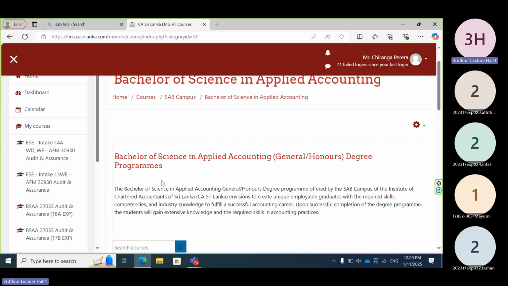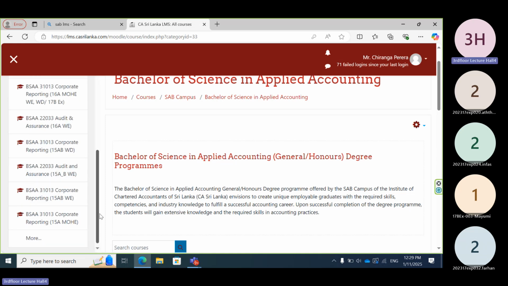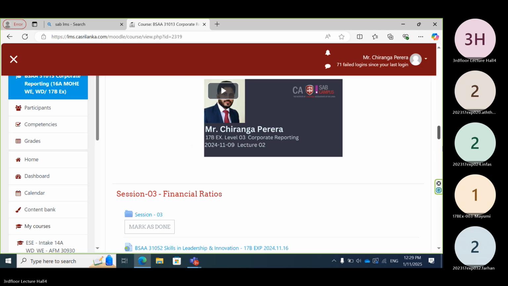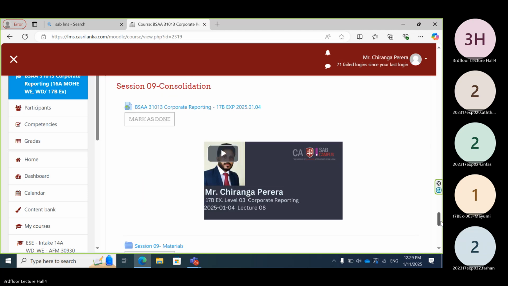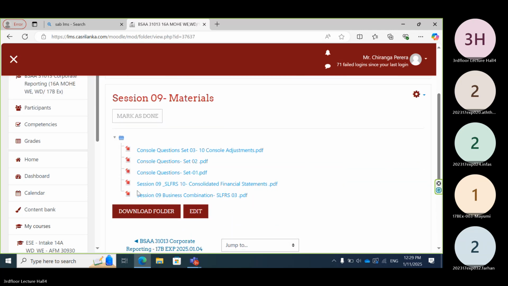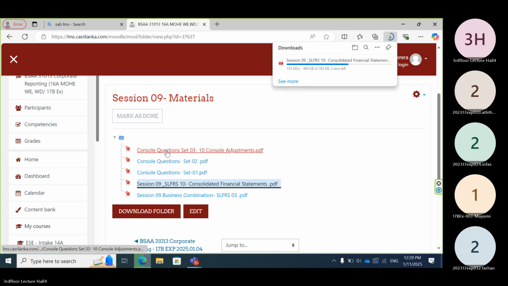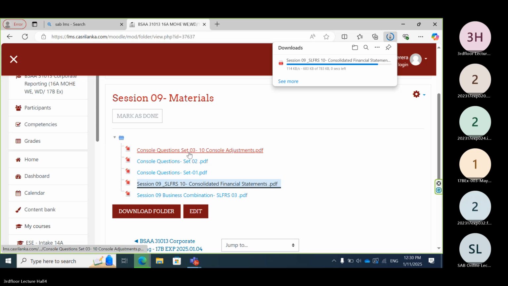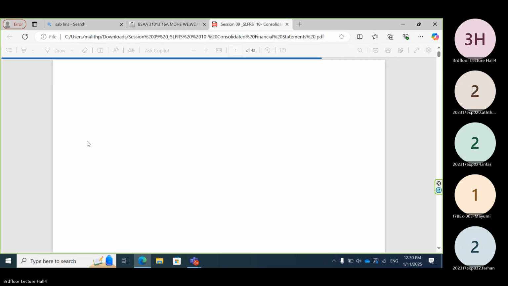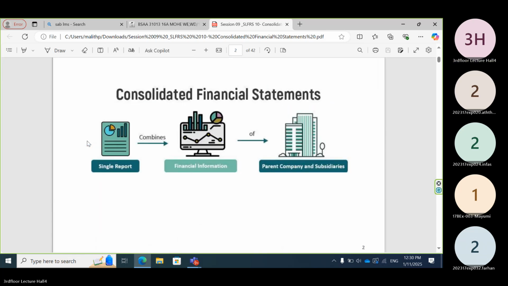SLFRS 3 Business Combinations, and SLFRS 10 Consolidated Financial Statements.